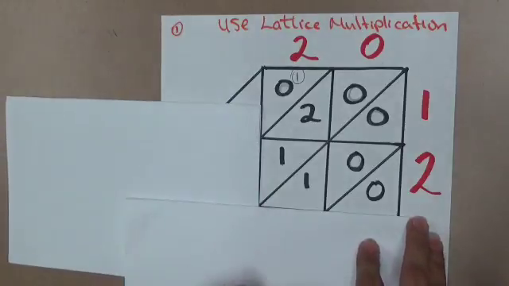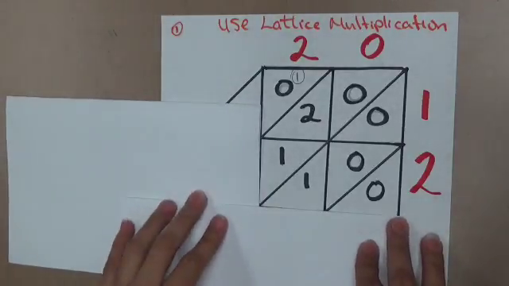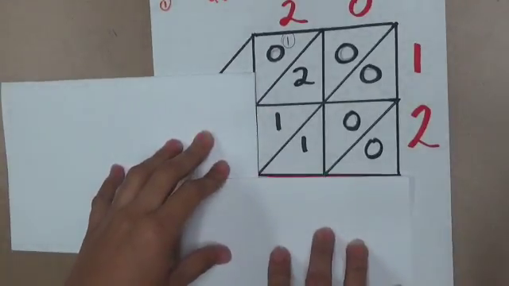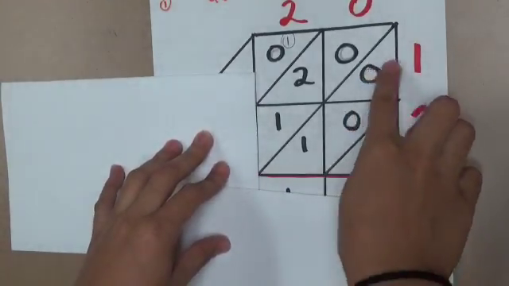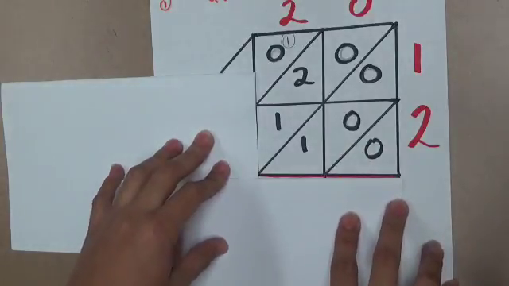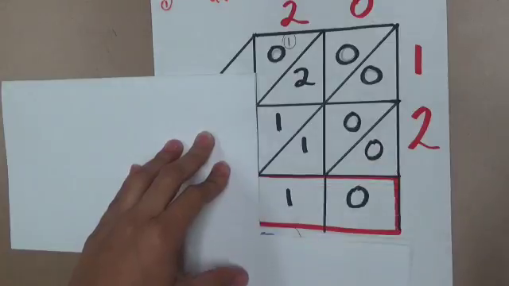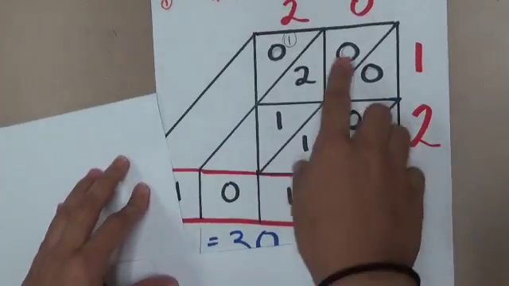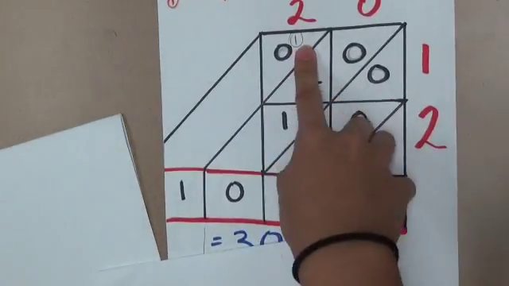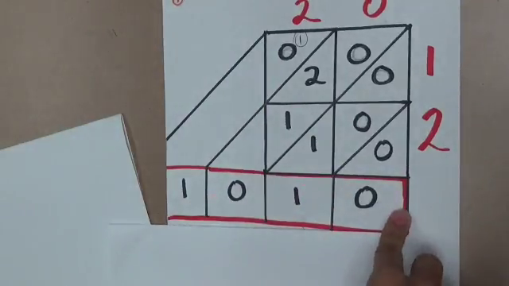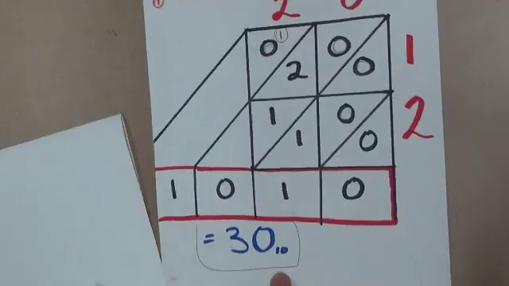Since we're talking about base 3, 3 goes into 4 one time, so it gets carried over and the other one stays behind. Now, once we get the multiplications, once we fill in the table, we're going to be adding them diagonally. So it will be 0, 1, 3 will be carried over and will turn into 1. This number converted into decimal is 30.